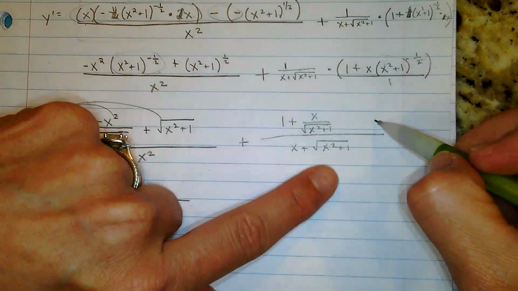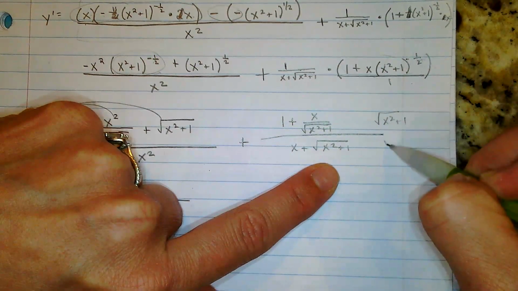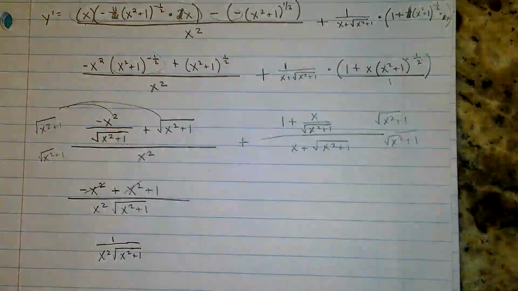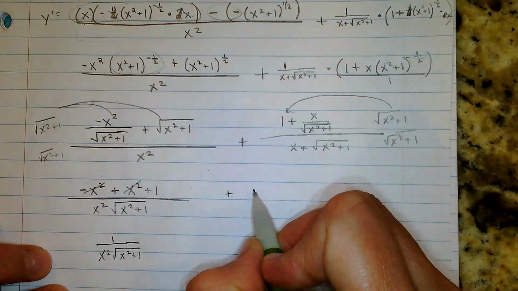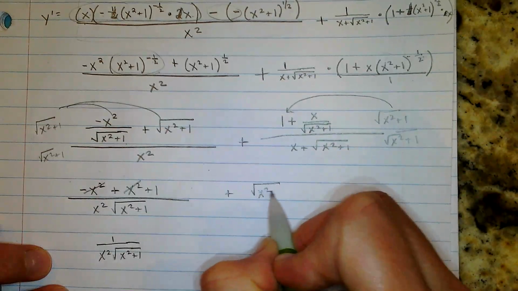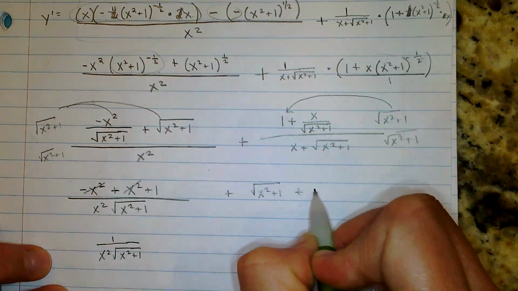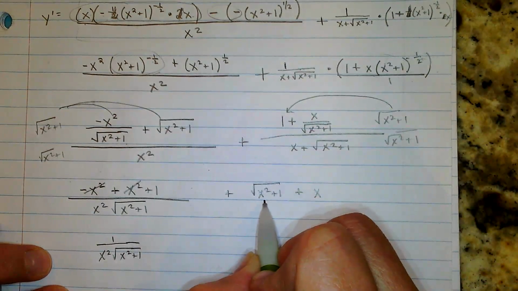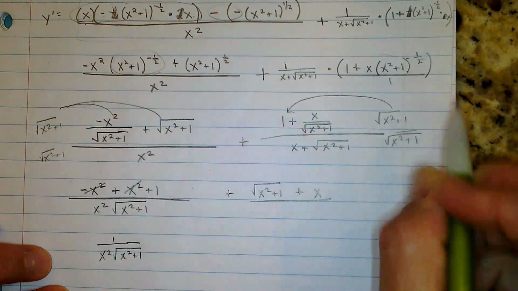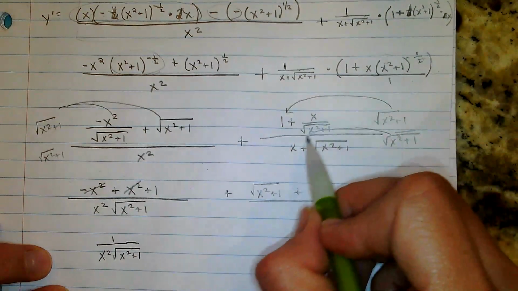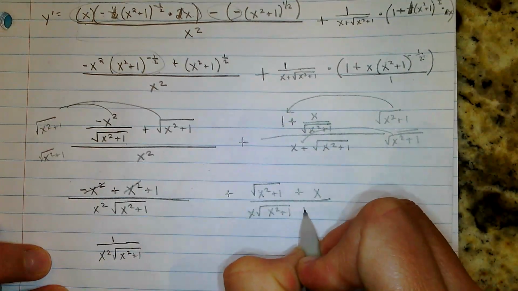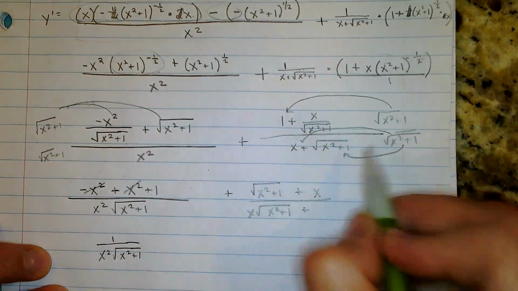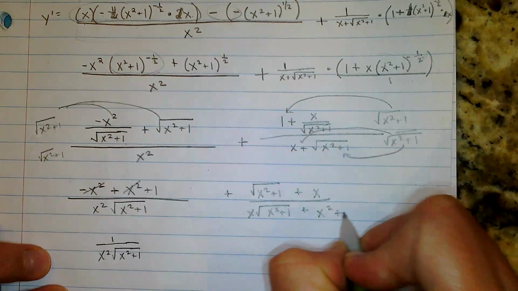Again, clearing the complex fraction, root x squared plus 1, root x squared plus 1 gives me root x squared plus 1 plus x over, when I distribute down here, I'm going to get x root x squared plus 1 plus x squared plus 1.